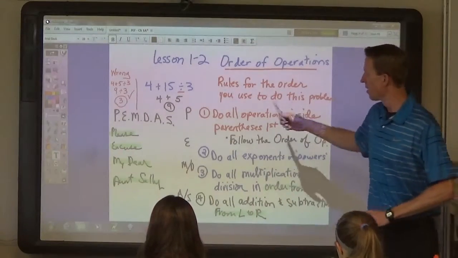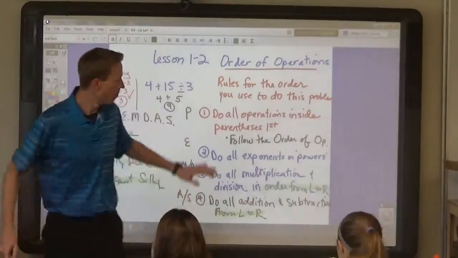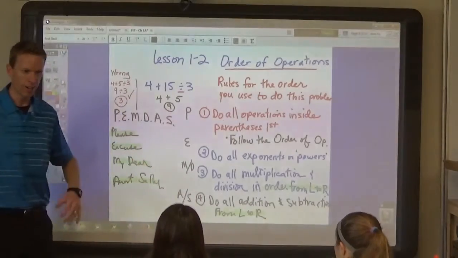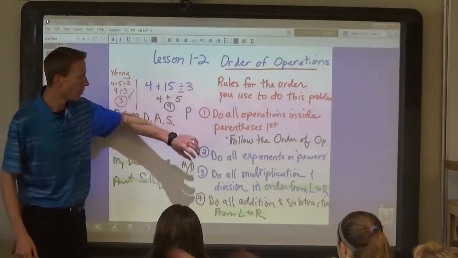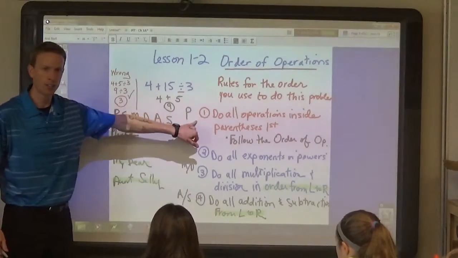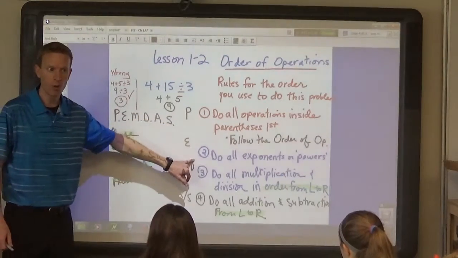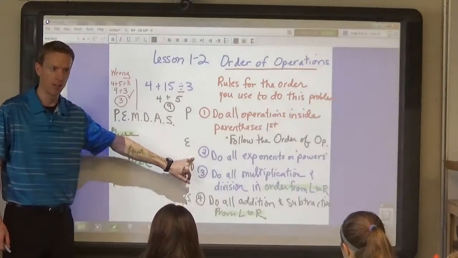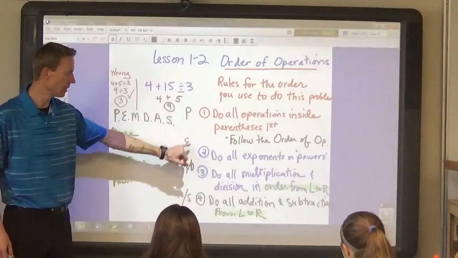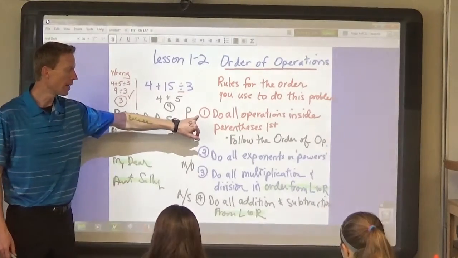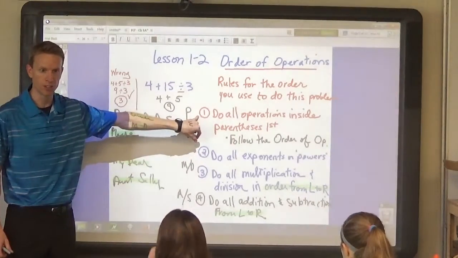The steps, these numbered steps are really important in understanding them, because what you have to do is finish an entire step before you go on to the next step. And there's multiple things in some of the steps. For example, do all operations in parentheses first.